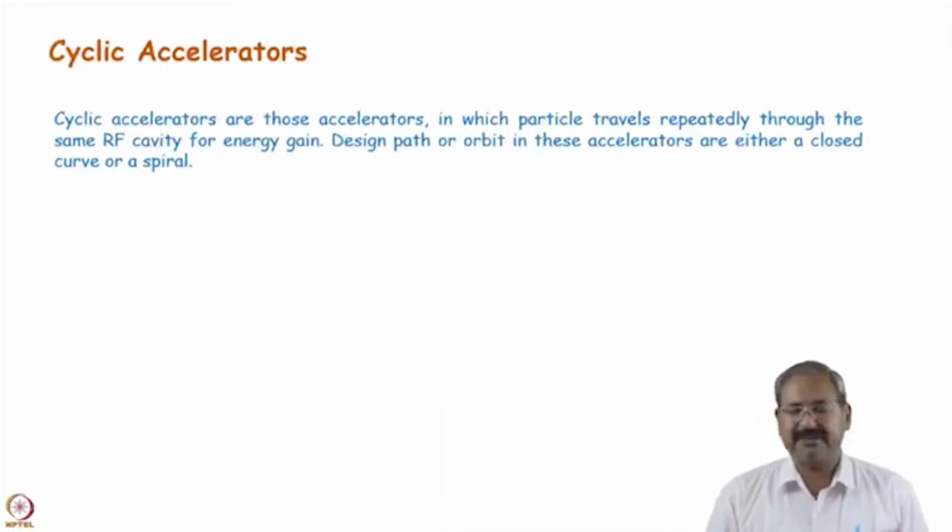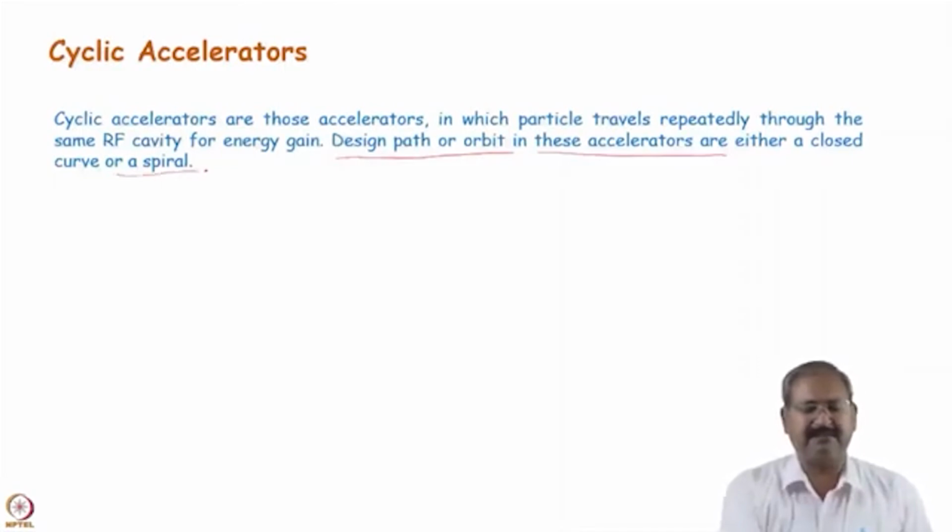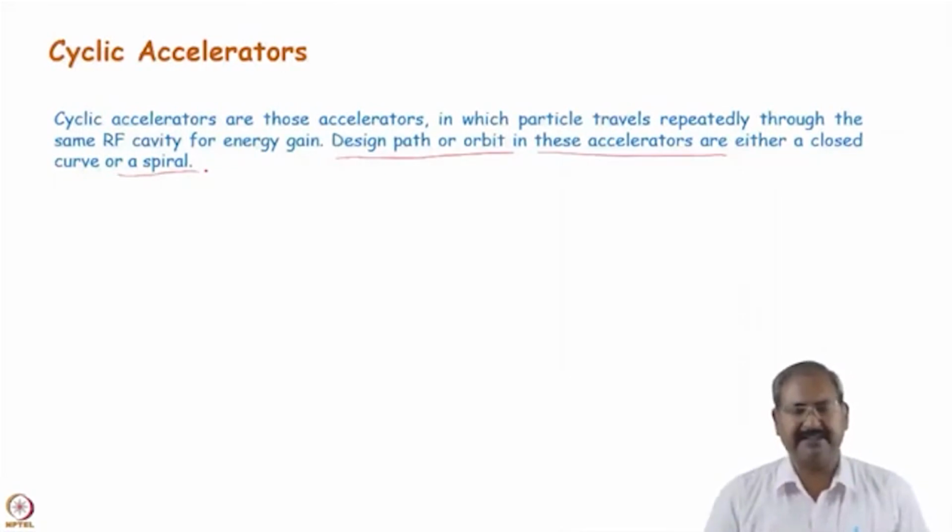So for this, we have to have some path or orbit in these accelerators which is a closed curve, because the particle is passing through the same point again and again, so a closed curve is necessary, or it may be a spiral. We will see it in next lectures.